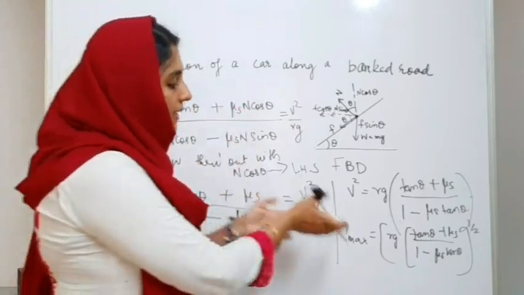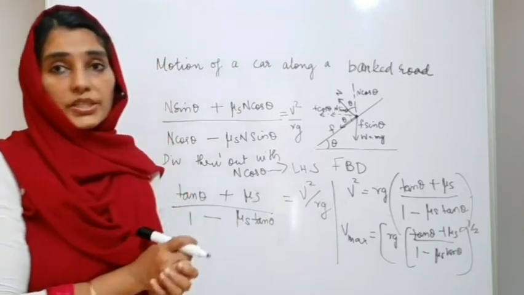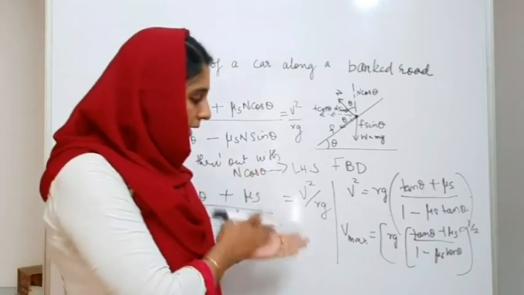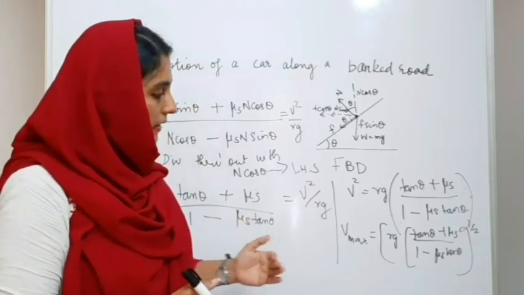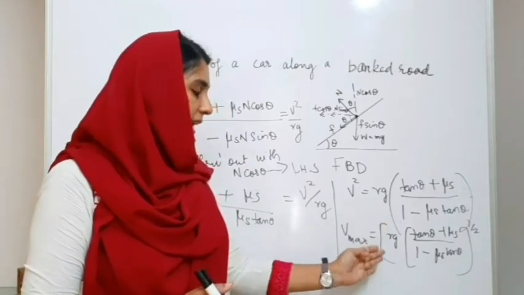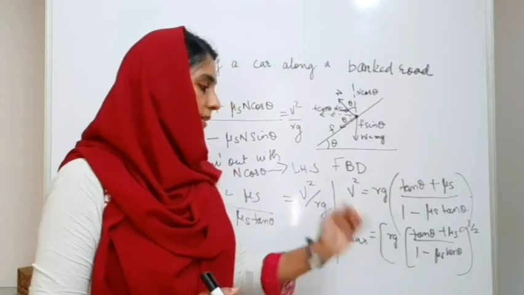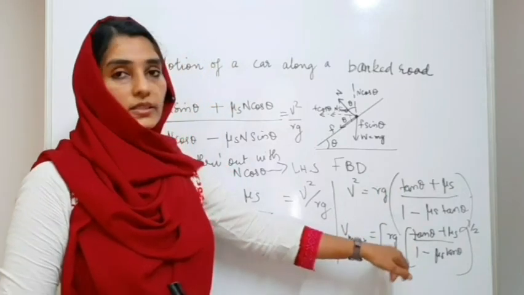So you can see the equation is obvious. When you make a comparison between V max on a level road and V max on a banked road, the V max has got an additional term. Earlier it was (mu s rg) whole raised to half.